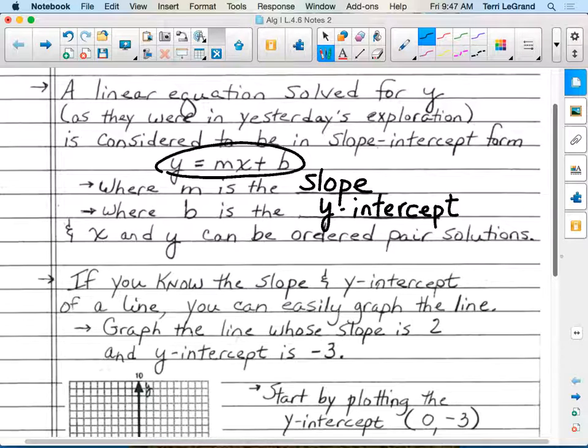Okay, so does that mean that point and another point that you make using the slope are the only 2 ordered pair solutions that line would have? How many would it have? An even number of solutions, an odd number of solutions, a cap to the number of solutions, an infinite number of solutions?